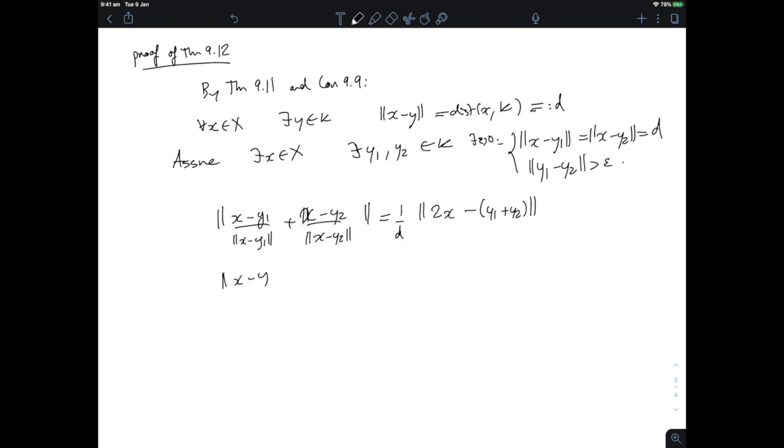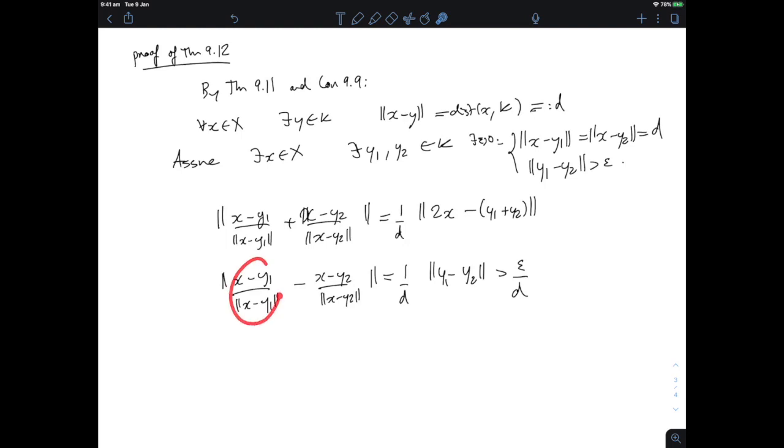On the other hand, if I look at the difference of these two vectors of norm 1, I get 1 upon d, the x's cancel, and I get y1 minus y2, whose norm I know is greater than epsilon. So this is greater than epsilon over d.